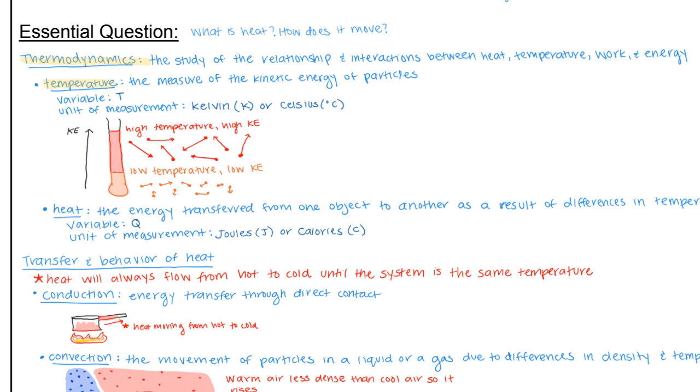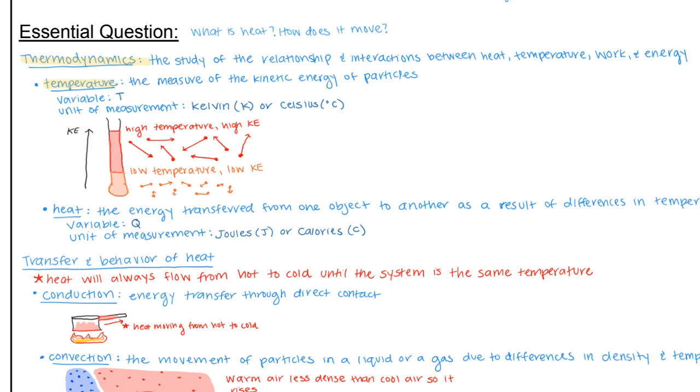You're just sitting there bundled up, shivering, waiting for it to warm up. Same thing happens with these particles. These particles are like, this is way too cold. We have very little kinetic energy. We don't feel like bouncing around. We are not super excited about this cold temperature. So again, these particles do not have a lot of kinetic energy at a low temperature.